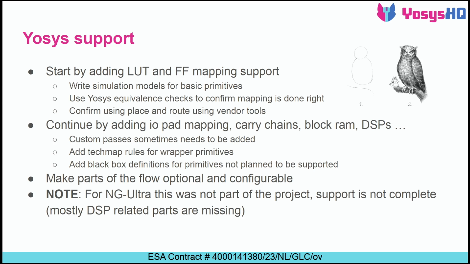DSP, that is the one that's usually quite difficult because the problem is a different one. You have to recognize a group of cells in the original netlist and combine all of those into one primitive, whereas all of the other problems are usually you recognize one thing in the original design and you map it to a group of primitives. So taking one thing and breaking it up into multiple is very easy.